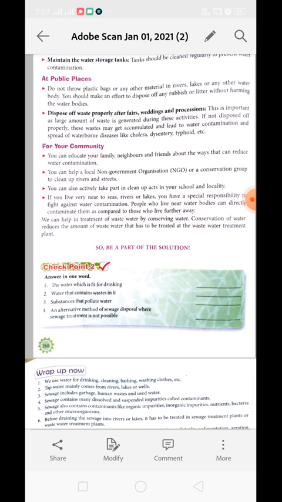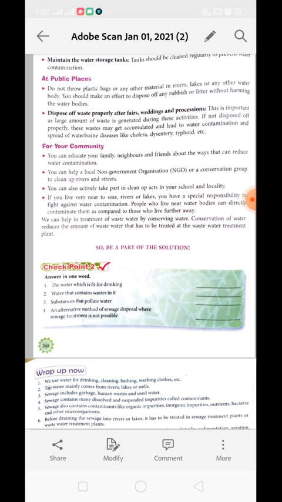Second, you can help a local non-governmental organization, means NGO, or a conservation group to clean up rivers and streets. You can also actively take part in cleaning up acts in your school and locality. If you live near a sea or river or lake, your special responsibility increases.